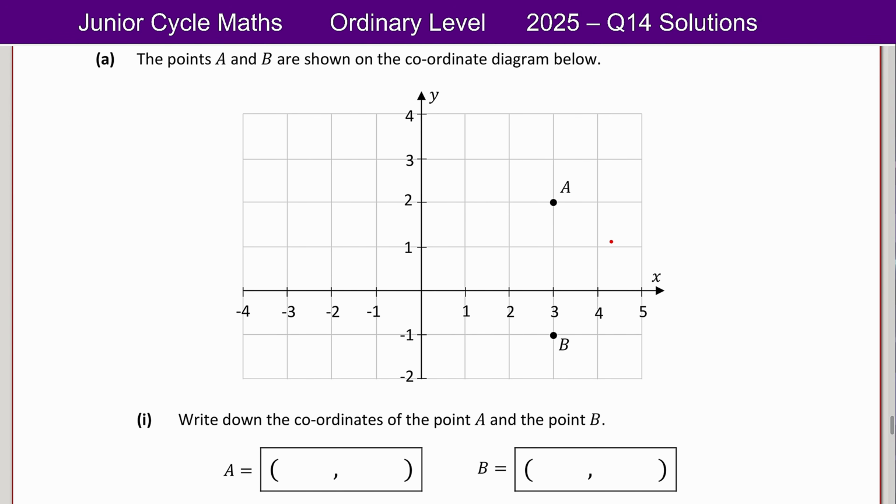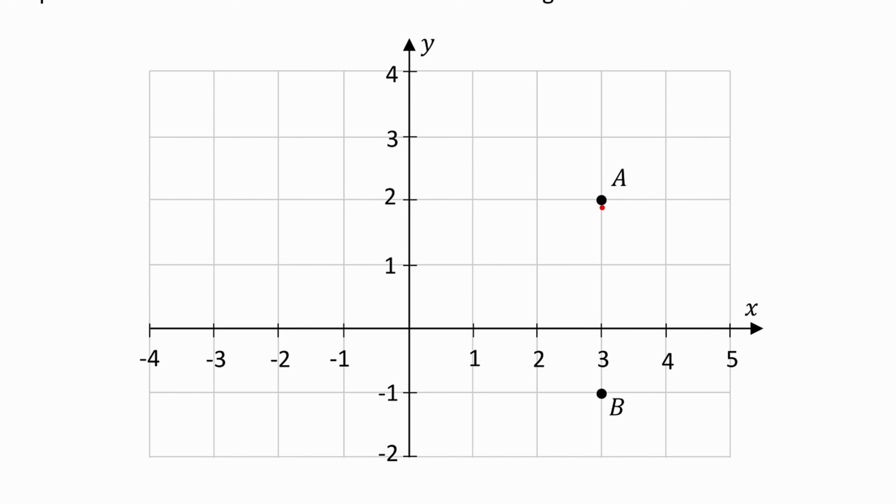Let's see what we have. We have the diagram here with two points. This is point A, and this is point B. Here is the x axis, and here is the y axis. We need to find the coordinates of each point in terms of x and y values.